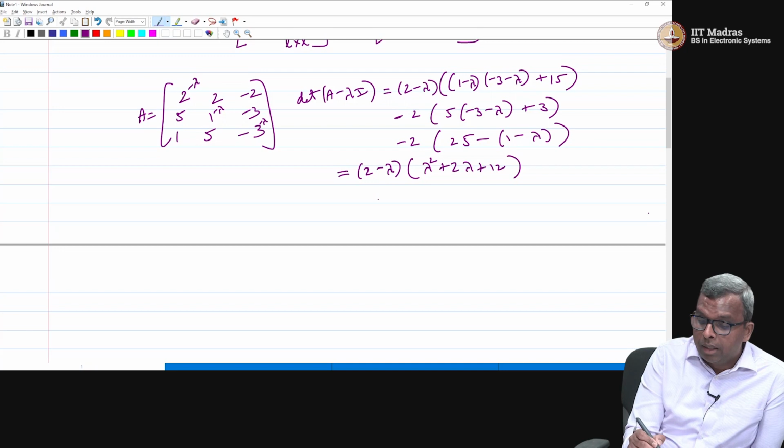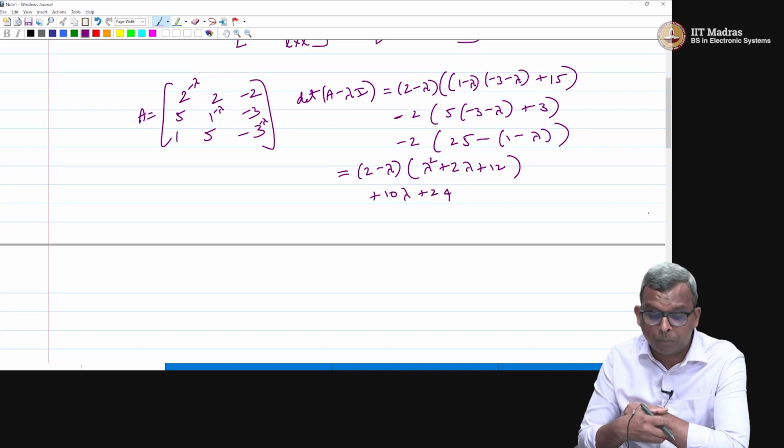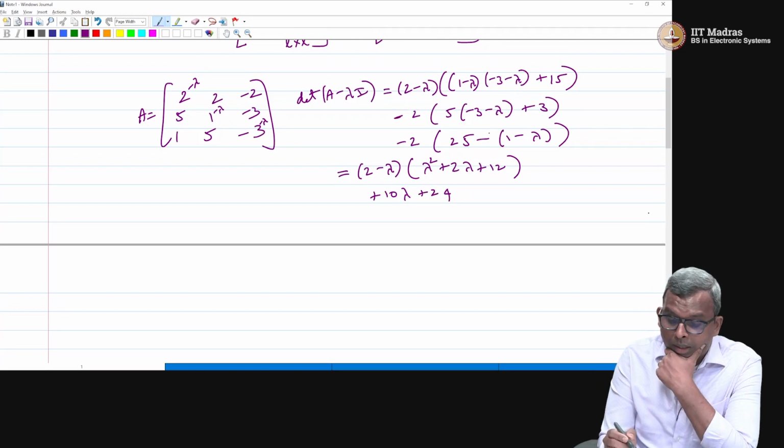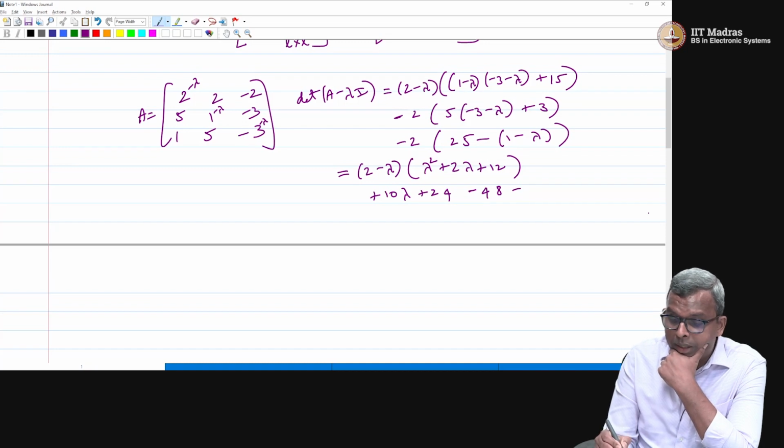The minus 2 can be taken common outside. You get 10 lambda, and then minus 15 minus 12 plus 24. Then you've got minus 2 into 24, so minus 48, and then minus 2 lambda. I hope that's correct.